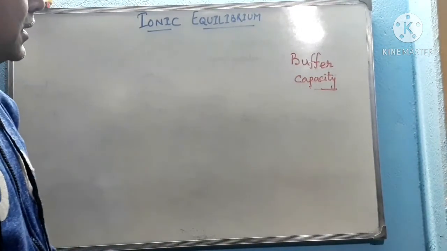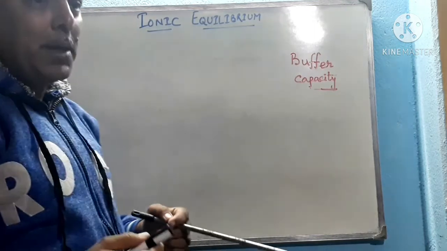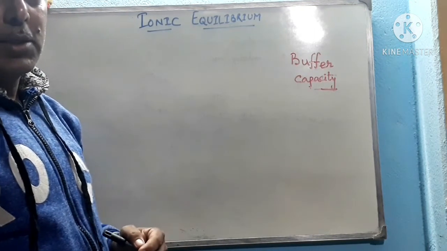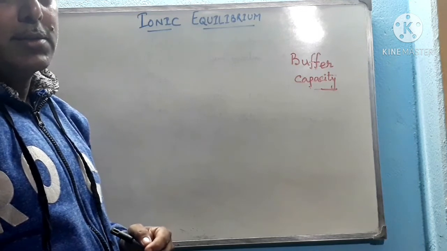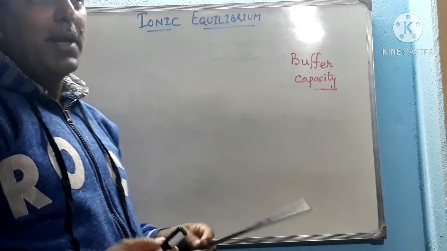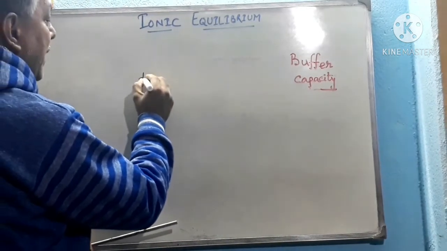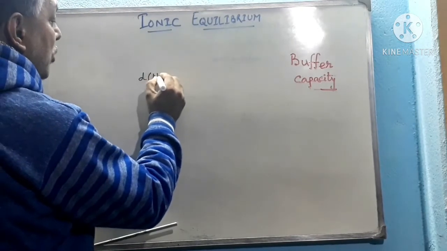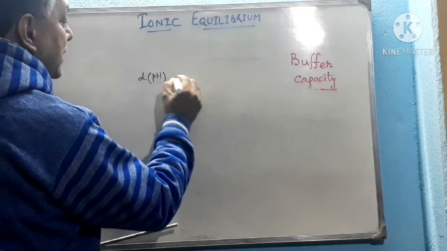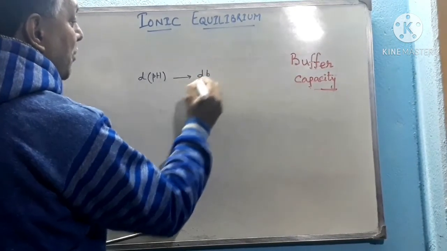What is buffer capacity? First, the minimum amount of acid or base required to increase or decrease the pH by 1 unit is called the buffer capacity of that particular buffer solution. So let dpH be the amount of pH change if we add dB amount of base.